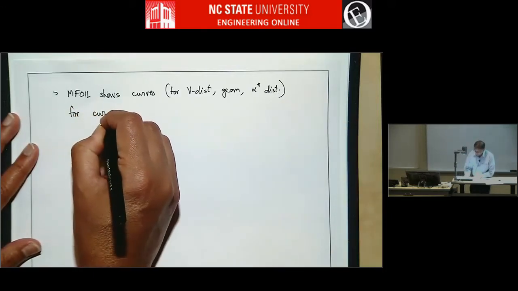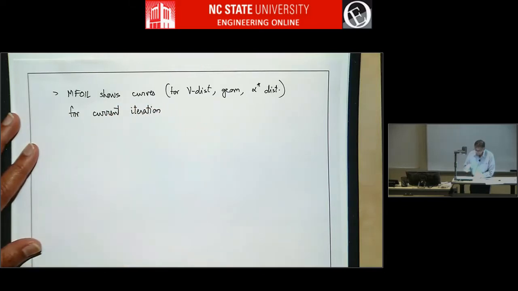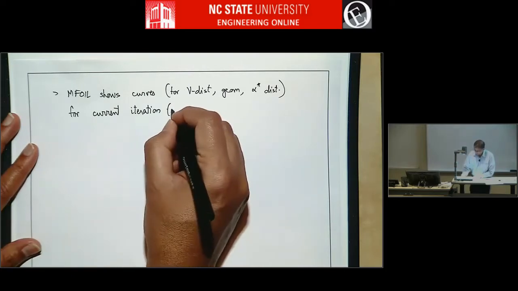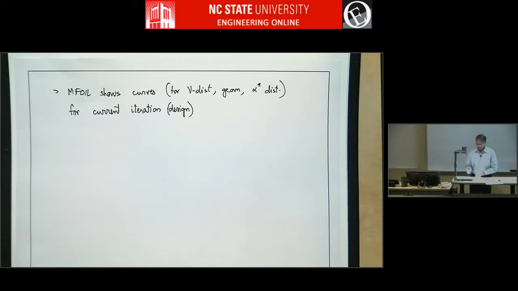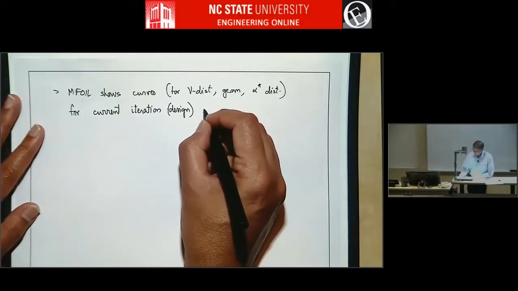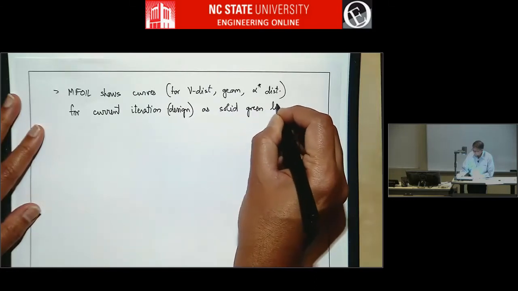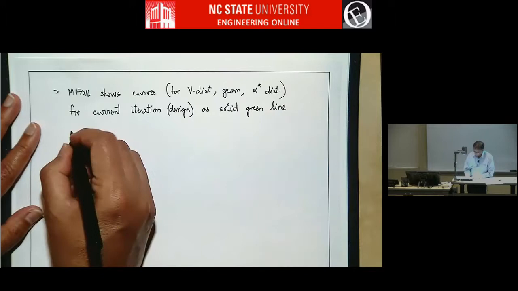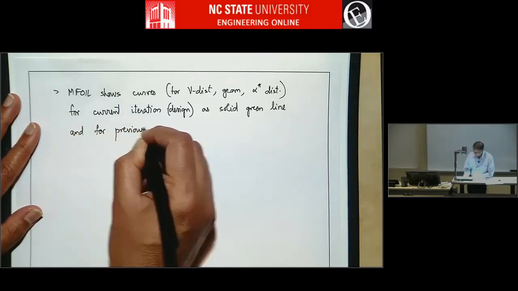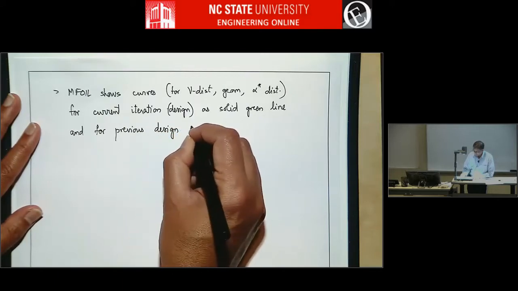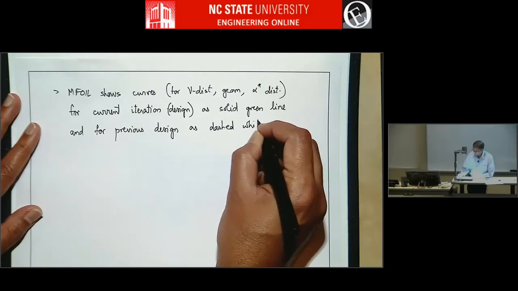For the current iteration, and when I say iteration, I mean design iteration, not the Newton iteration that we're going to talk about, the current design is a solid green line, and the previous design is a dashed white line.